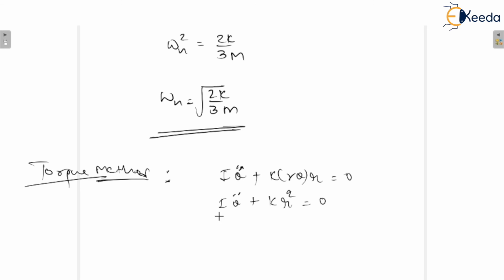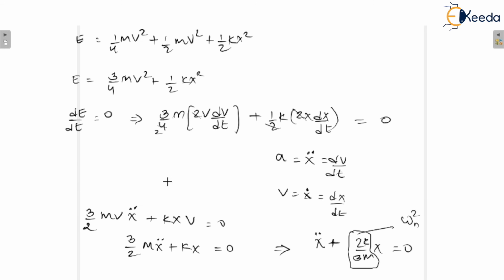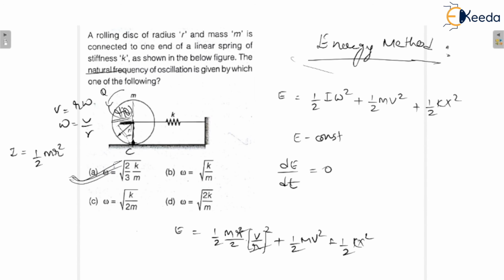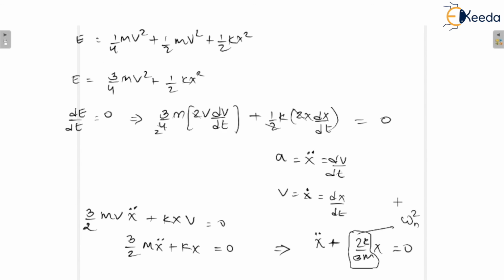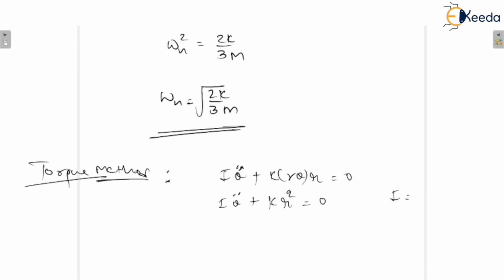Okay, and here you just have to put in the value of I. Since we are considering the rotation about point C, we have to consider the moment of inertia about point C. So this is Ig plus m r square, where r is the distance between the center and the point of contact. This is equal to r, and Ig is nothing but 1 by 2 mr square plus mr square, so it would become 3 by 2 mr square.